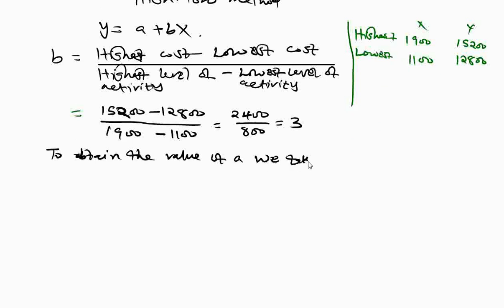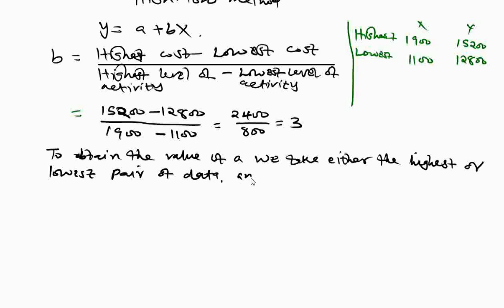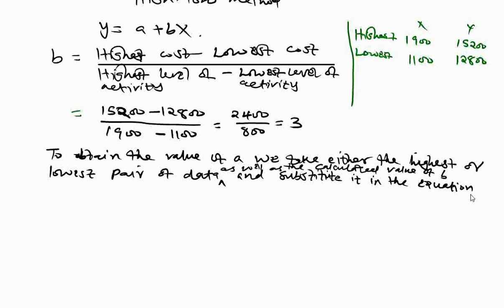We take either the highest or lowest pair of data and substitute it, as well as the calculated value of b, in the equation y equals a plus bx.